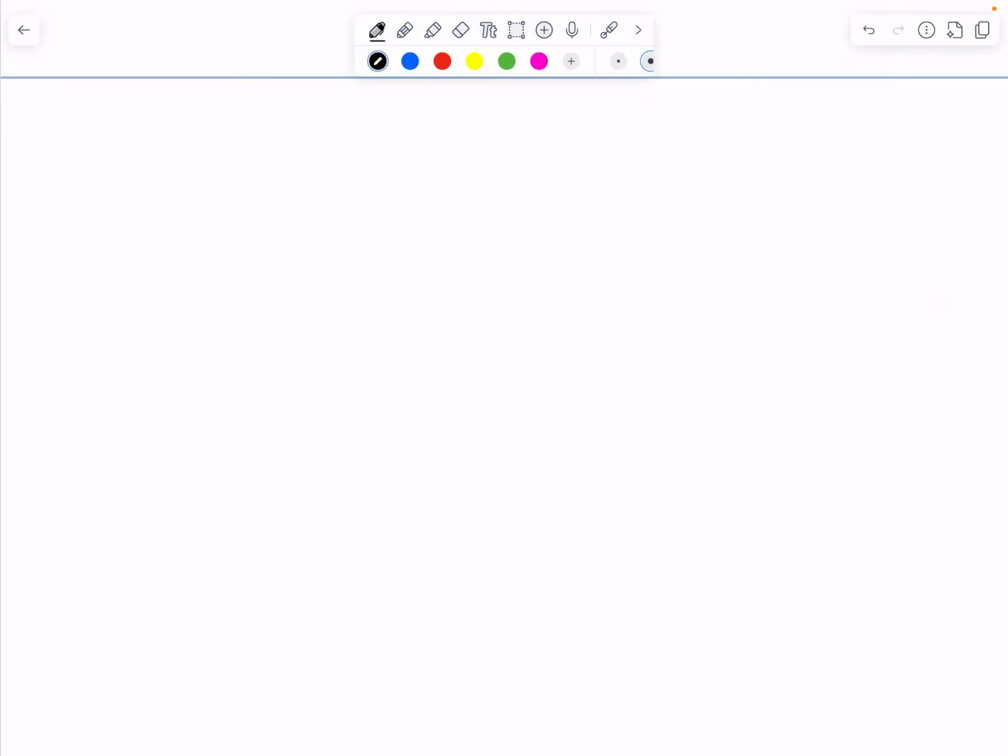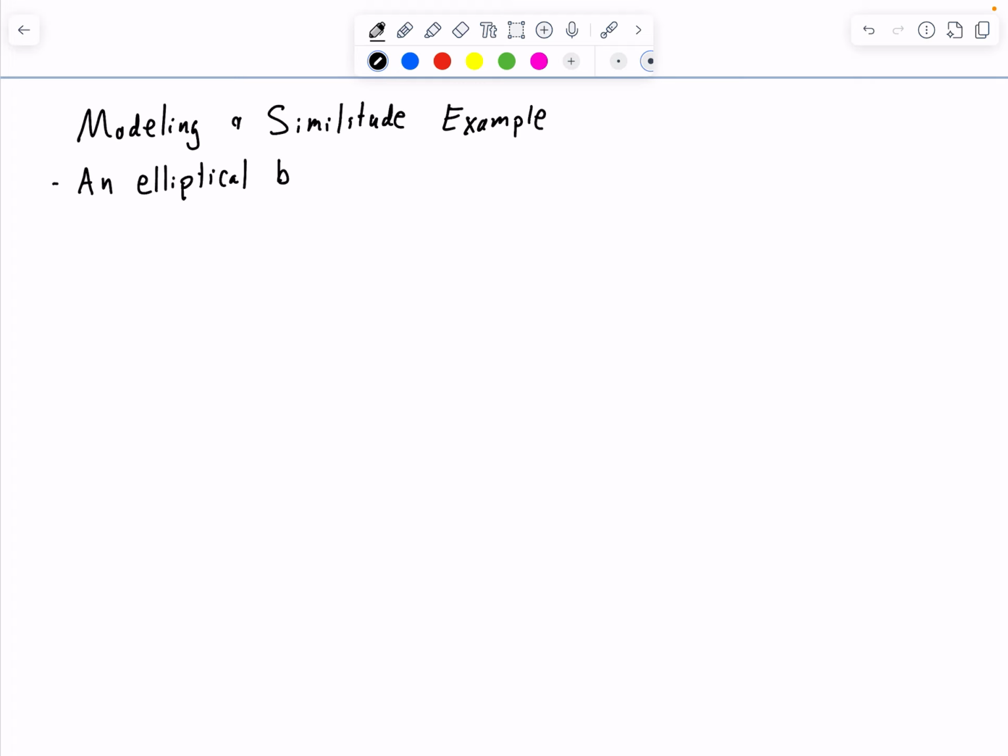In this video, we're going to do a modeling and similitude example. In this example, we are considering an elliptical bridge column, and this elliptical bridge column looks like this.